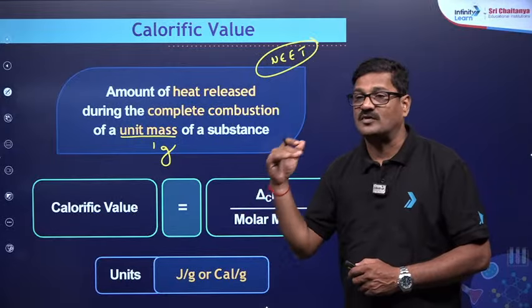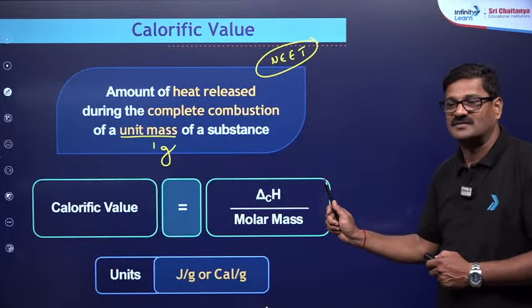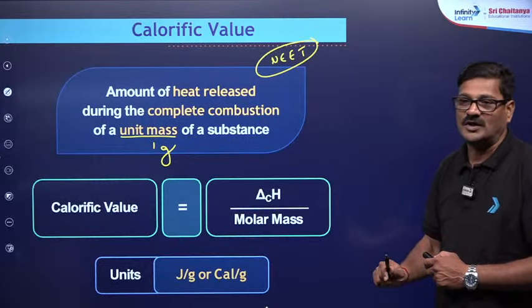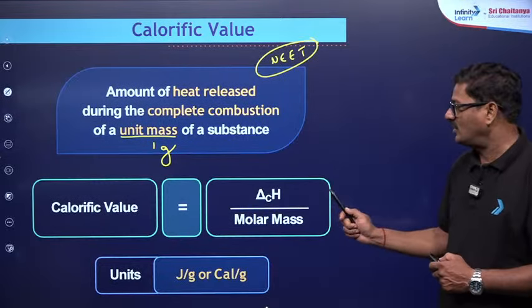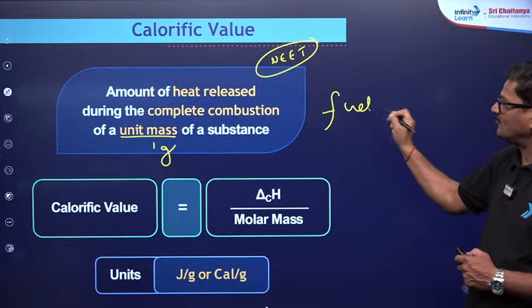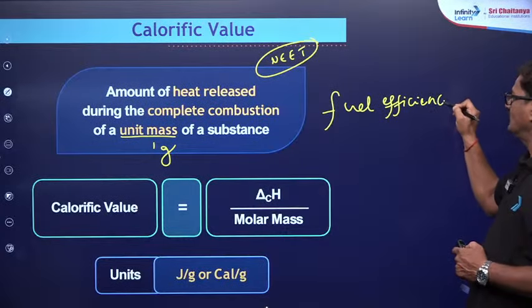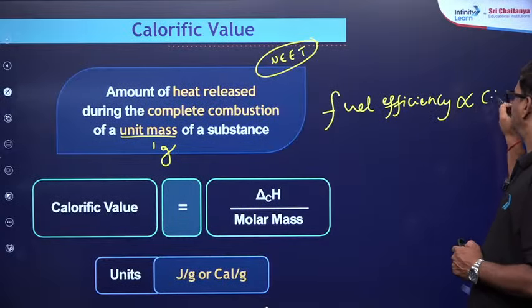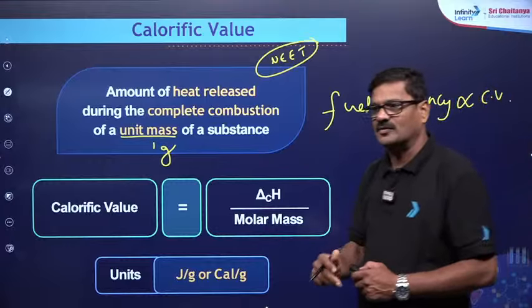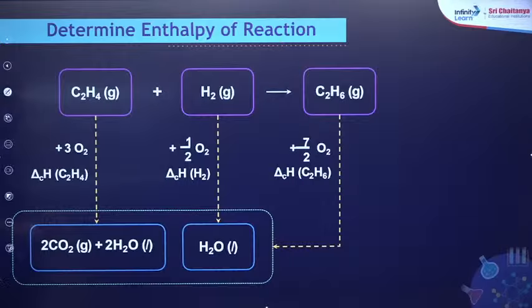It all depends upon calorific value, but tactically by looking at the enthalpy of combustion value you can give the wrong answer, but you have to use the calorific value. Fuel efficiency is directly proportional to calorific value. Keep this in mind.